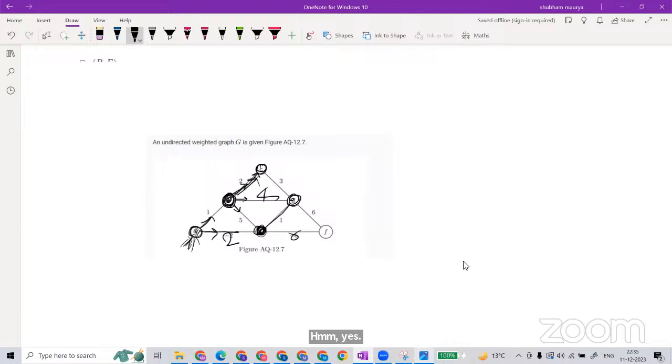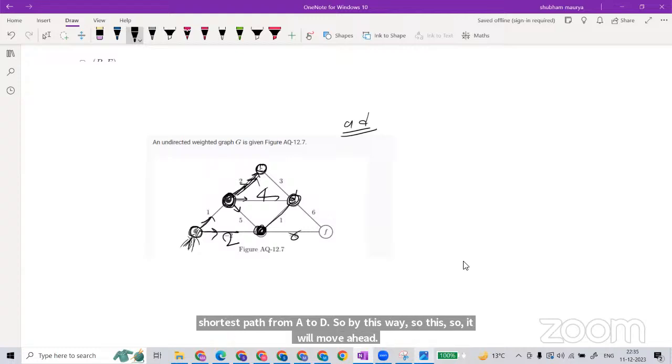Now we reach very soon to D, and I am finding the shortest path from A to D. So this Dijkstra algorithm says it will move ahead, and actually it will reach all vertices here.